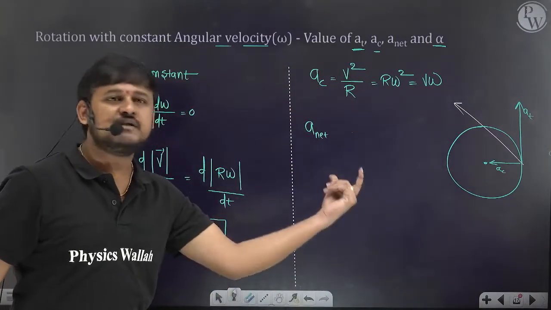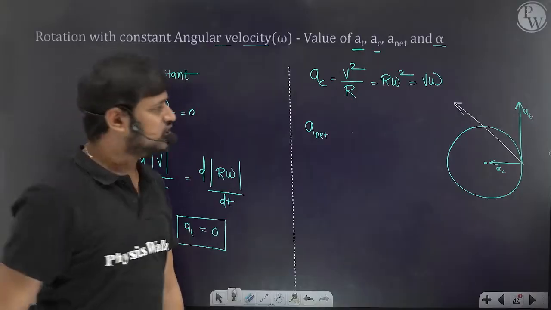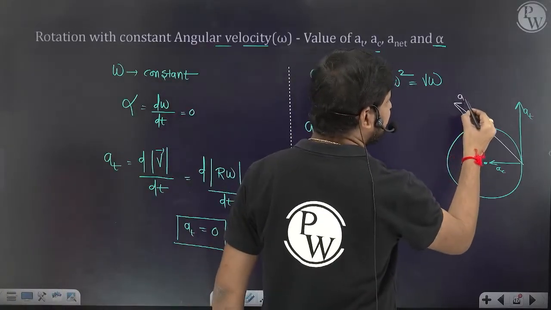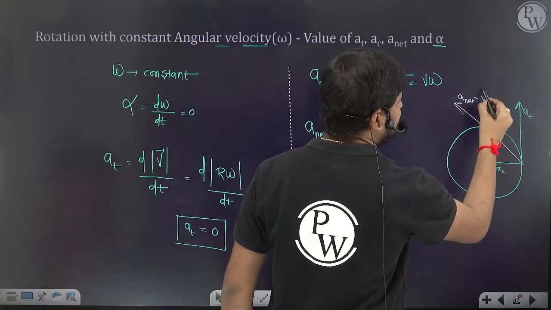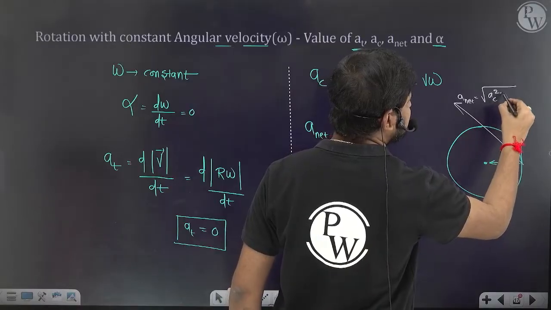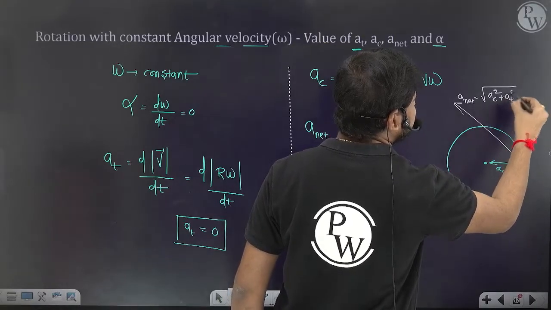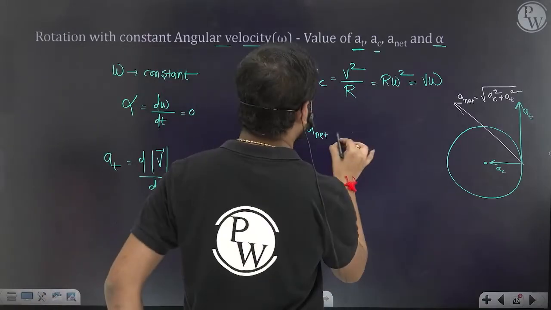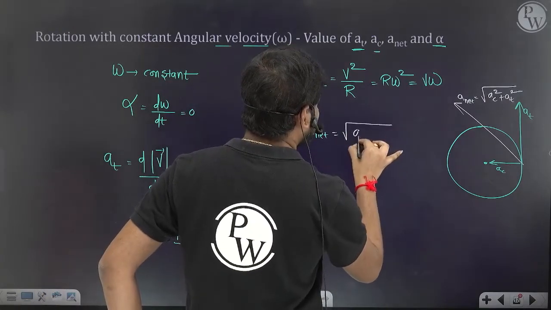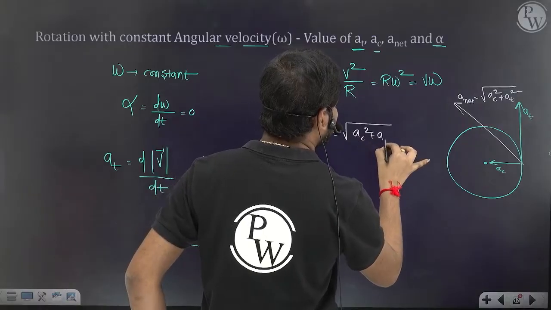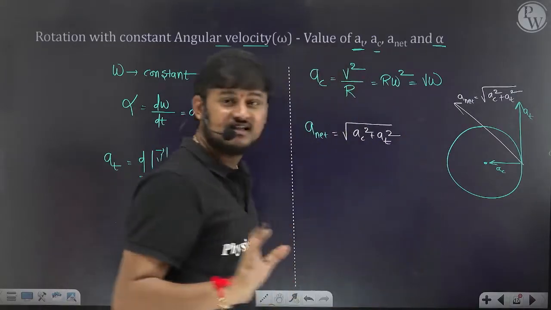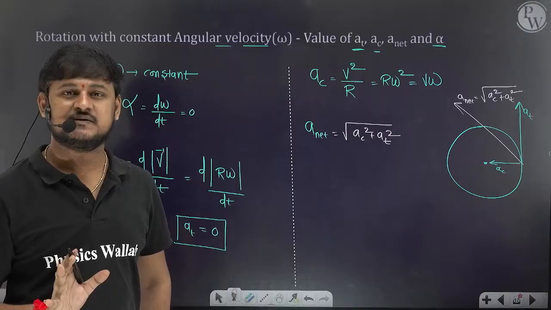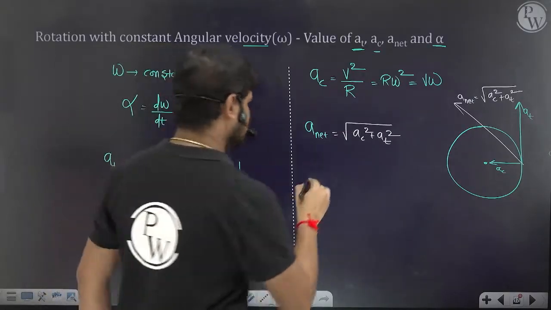So A net is equal to the square root of AC square plus AT square. You learnt all these things in circular motion itself, guys. Clear?